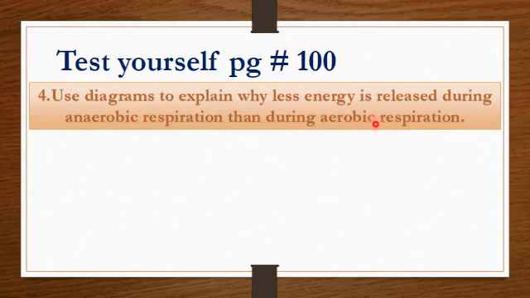Aerobic is respiration with oxygen, and anaerobic is respiration without oxygen. Anaerobic products are lactic acid and less energy. Aerobic products are carbon dioxide, water, and a lot of energy. So let's have a summary in diagrammatic form.